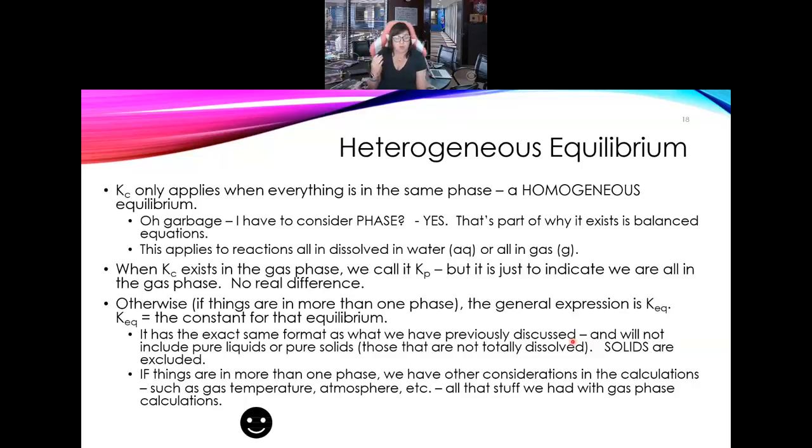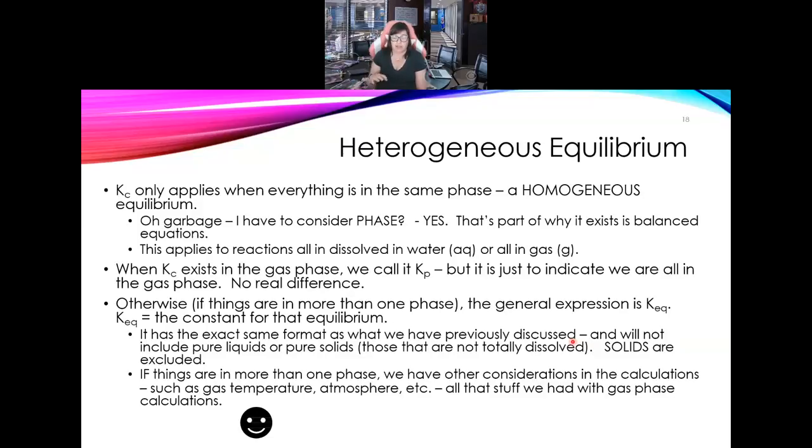Now, if I have things in more than one phase, which is unfortunately a thing we see often, then we have this thing called the Keq, which is the equilibrium constant. And it doesn't have the same considerations as a pressure one would or a concentration one would. So it just means that I'm in multiple phases, so I'm in a heterogeneous equilibrium. The pure liquids and pure solids still do not appear here.